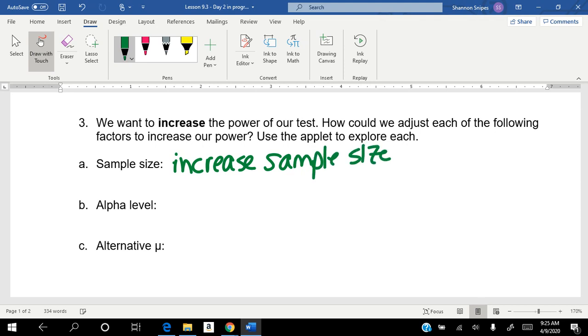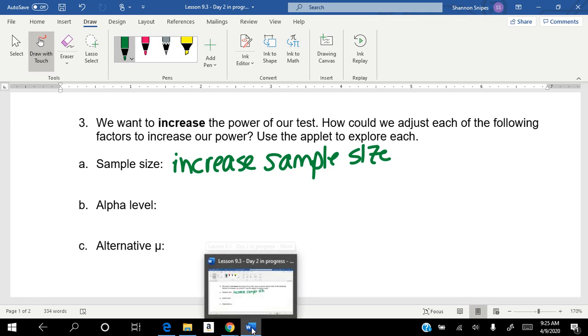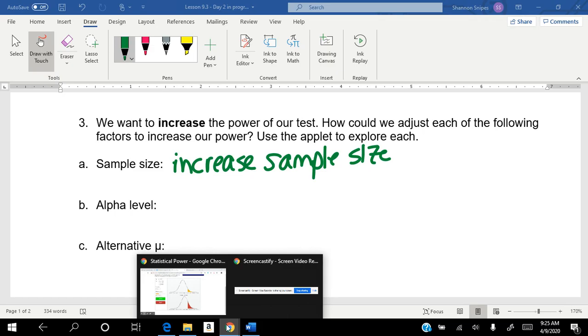The reason is that a larger sample will give us more information, so it will make the test a little more accurate. Then the power is making the correct decision based on our evidence. So if we increase our sample size, we increase the likelihood that we're going to see what we're suspicious of.